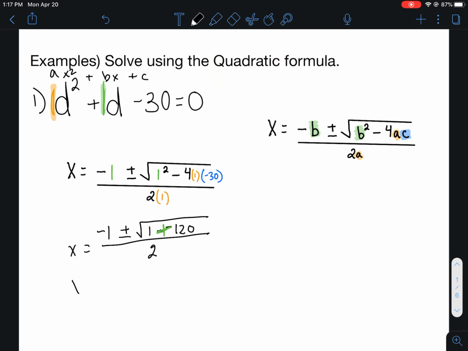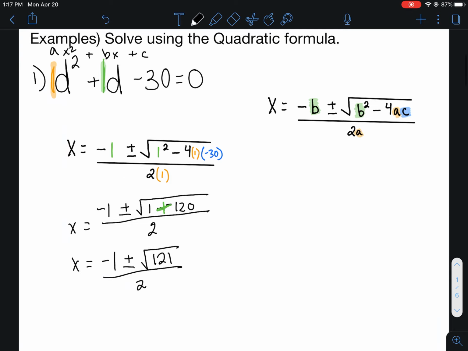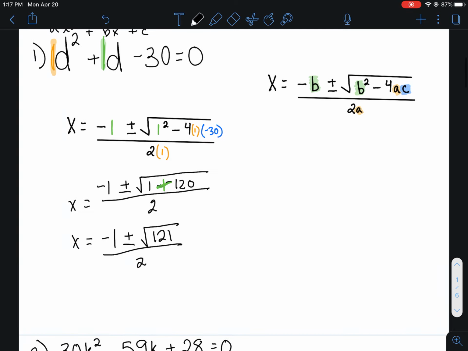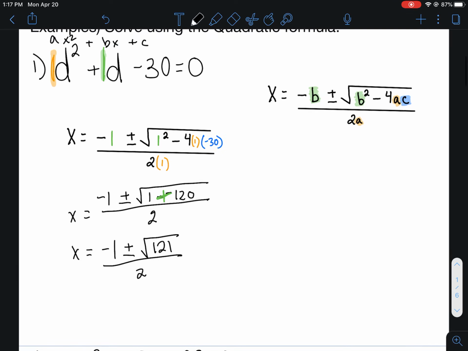So when we solve this part, our x equals negative 1 plus and minus the square root of 121 all over 2. When we actually solve this and get an answer, we are going to solve 2 problems, because remember, our x squared term means there are 2 solutions to this problem.